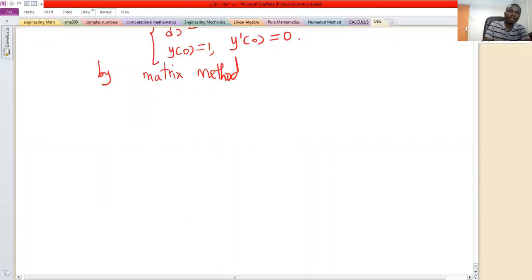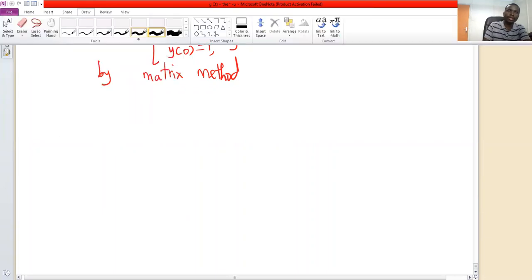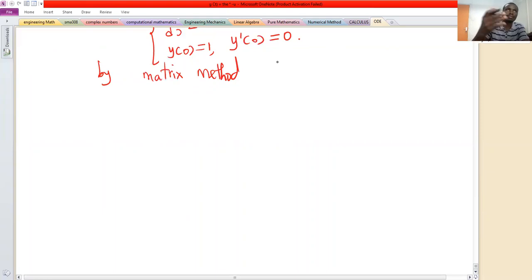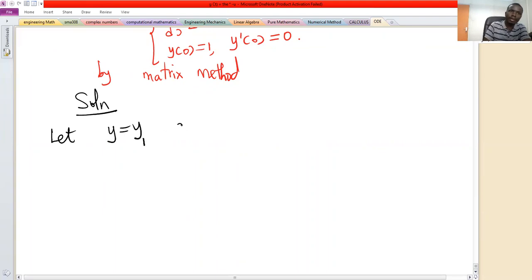write the equation given, or the differential equation, in a system of two linear differential equations. So you start by saying, let y be y1, and dy1 dx is actually the same as dy dx, be the same as another variable y2, call it equation 1.